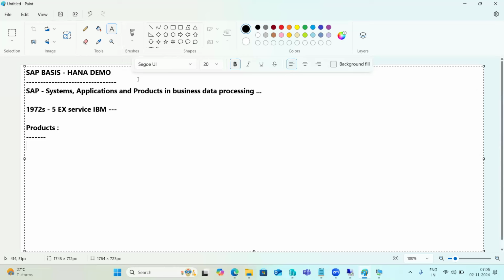Here also, SAP is application software. Depending upon your business, you can install the related SAP product.